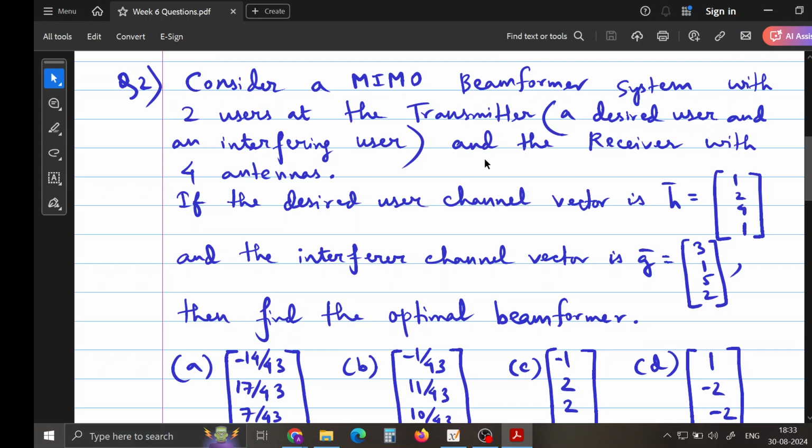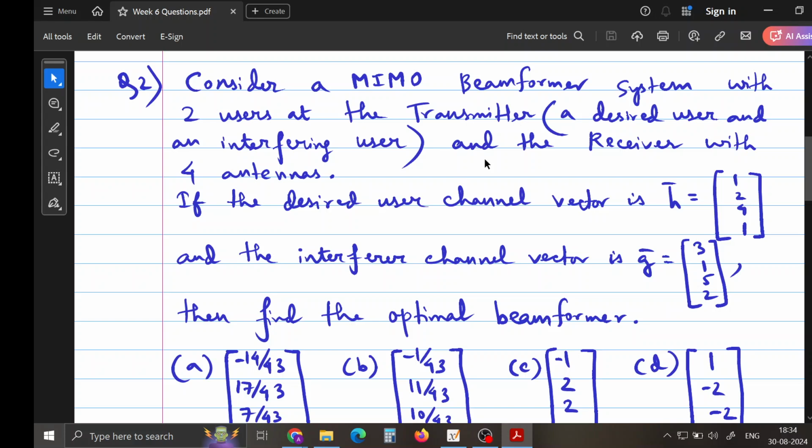That's the strategy. We have looked at the maths of it in the lectures. I think the professor has described everything, and the optimal beamformer is also a vector w bar, which has a mathematical formulation.